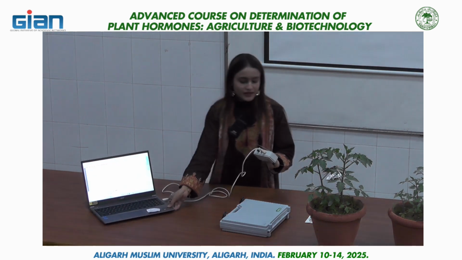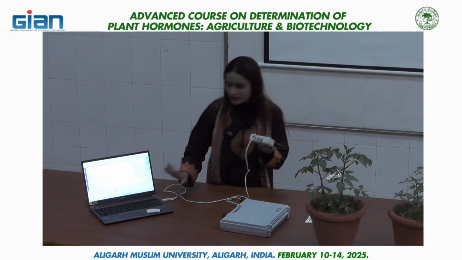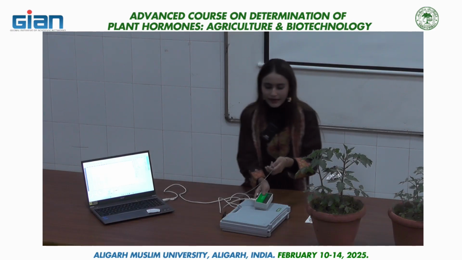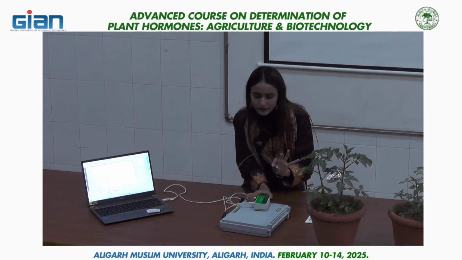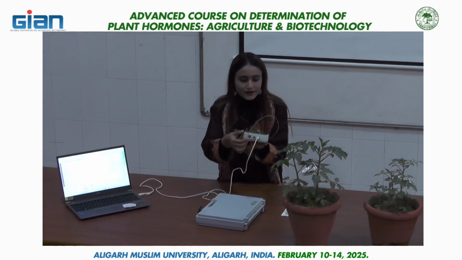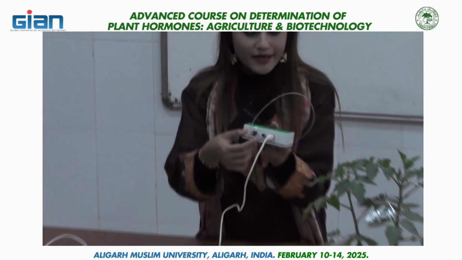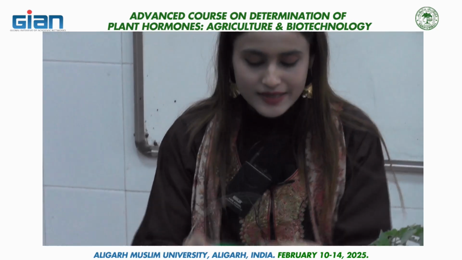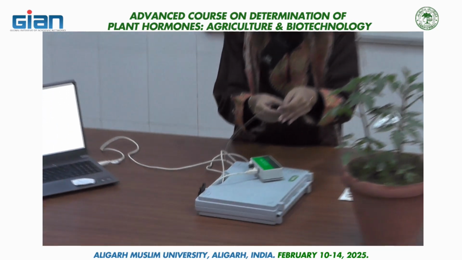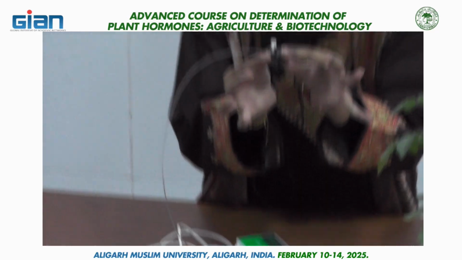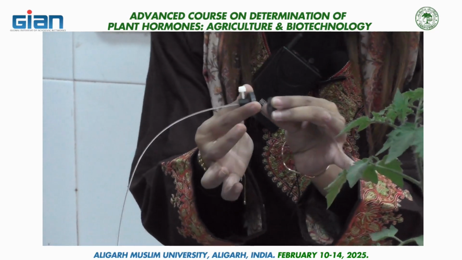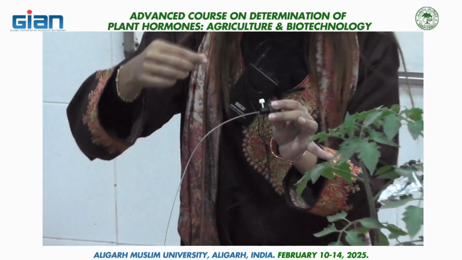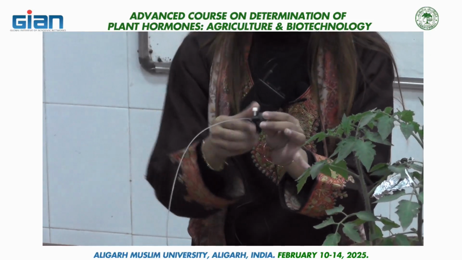So I have connected this Junior PAM with this laptop, and we have here this very delicate fiber, and we have connected this delicate fiber here. Its one end is connected to the Junior PAM device and the other end is connected to its sensor. These are magnetic clips, or we can say magnetic sensors. They will sense what changes we are going to see.